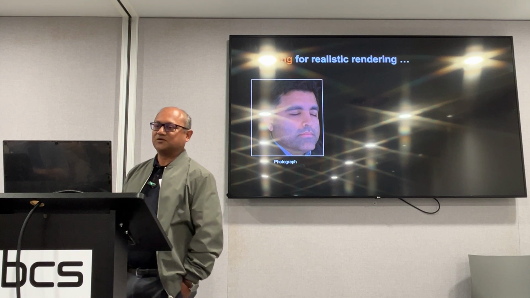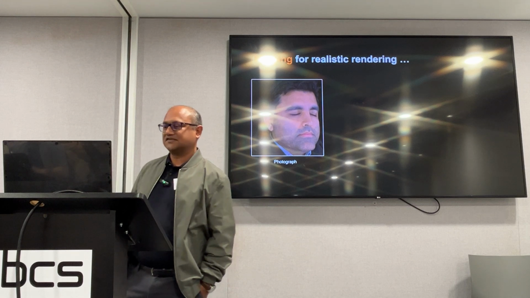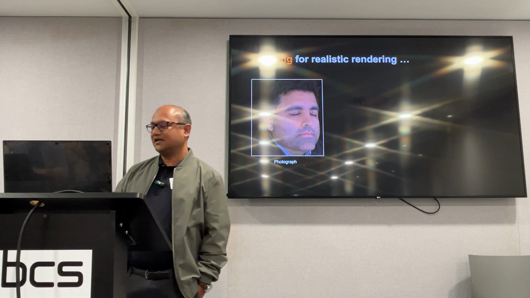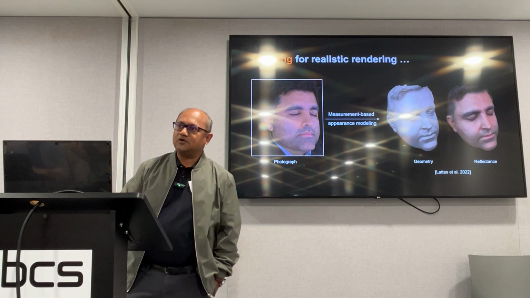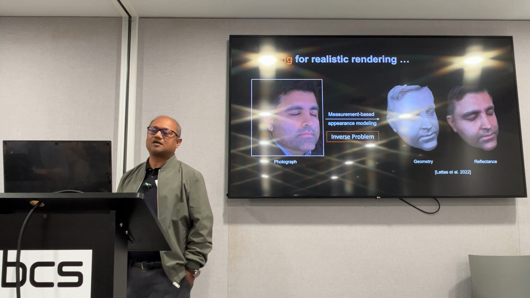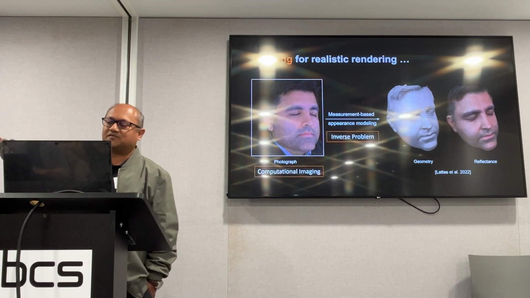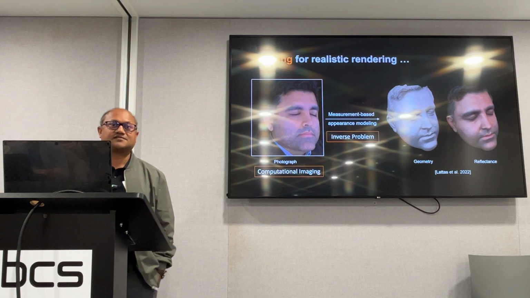So what are we trying to do? For the most part, in my work, I want to do imaging for realistic rendering, but not always for rendering. We want to go from a photograph like this of a person, and we want to do measurement-based appearance modeling such that we can then arrive at high-quality geometry and appearance representations that drive a realistic rendering of that subject.